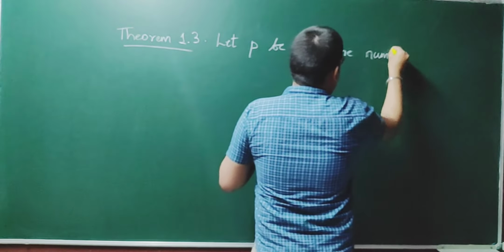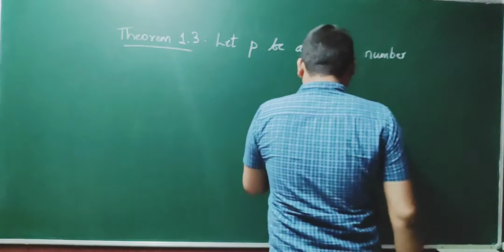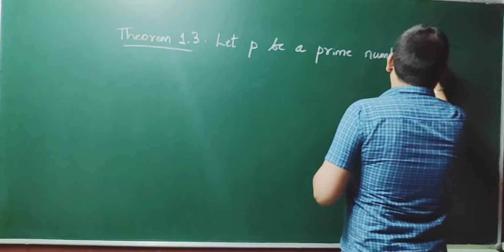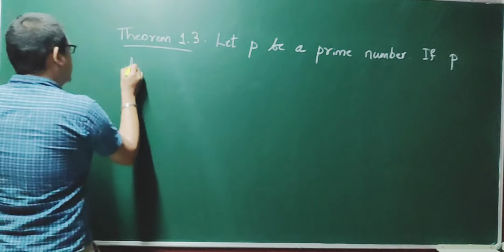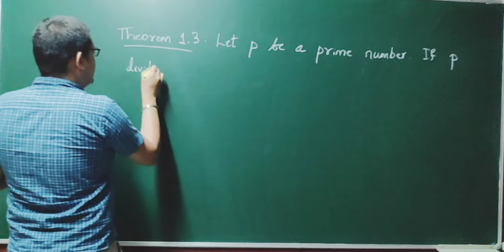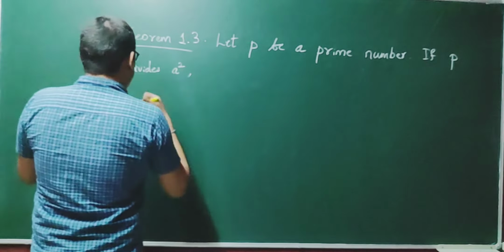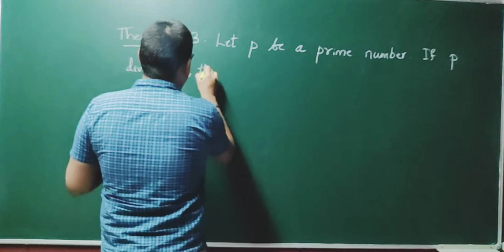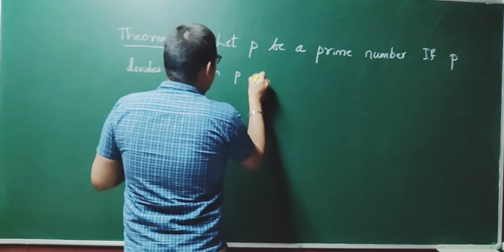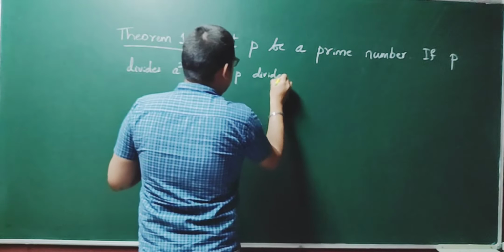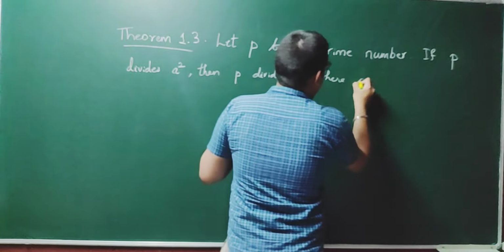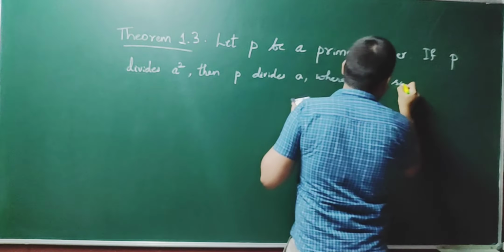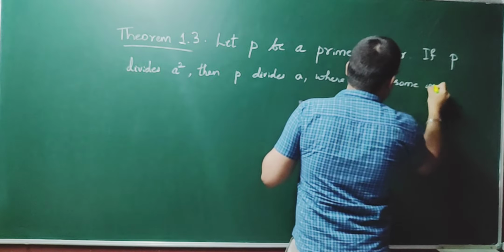If p divides a square, then p divides a, where a is some integer.